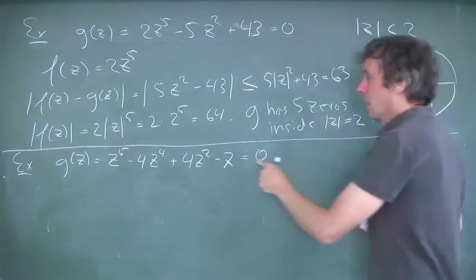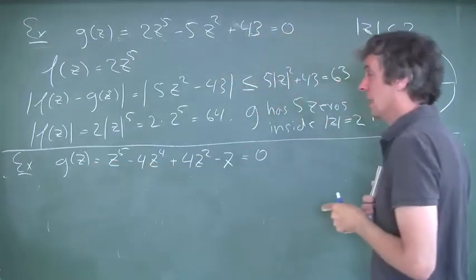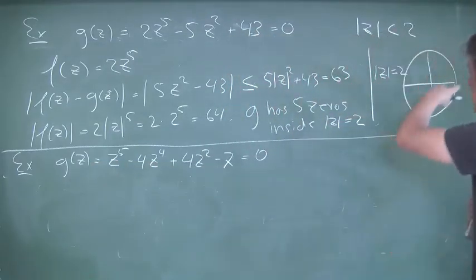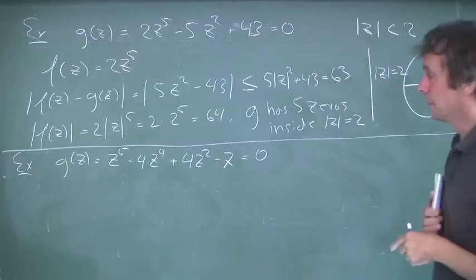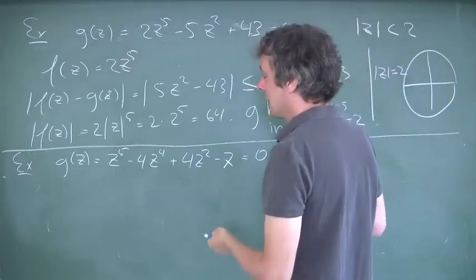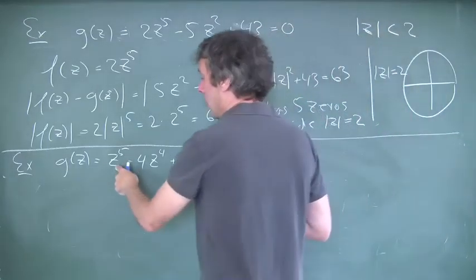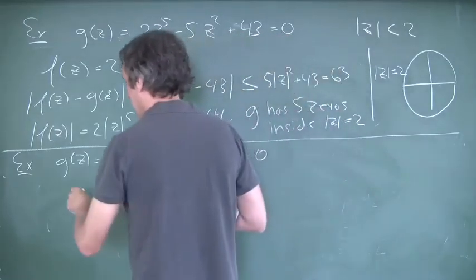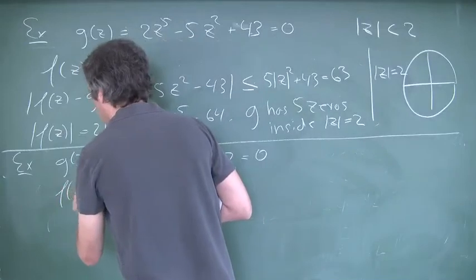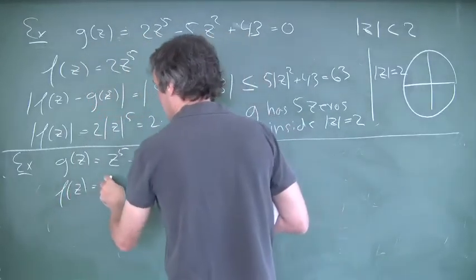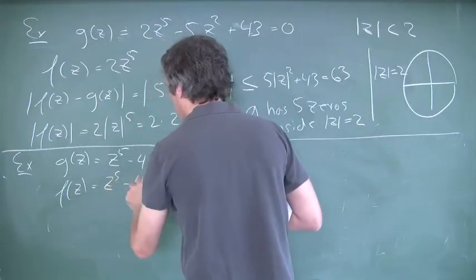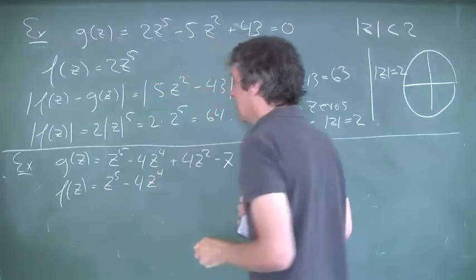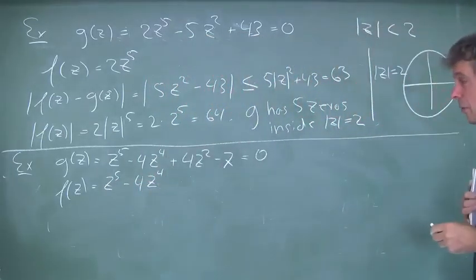How many zeros of this polynomial lie inside this circle? Well, in this case, it's no good idea to compare with z to the 5th. So what we'll do instead is that we put f equal to z to the 5th minus 4 times z to the 4th.